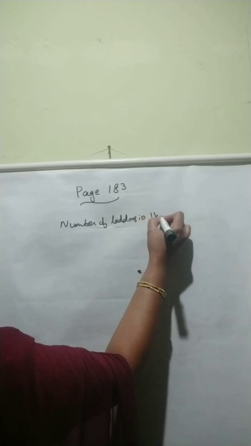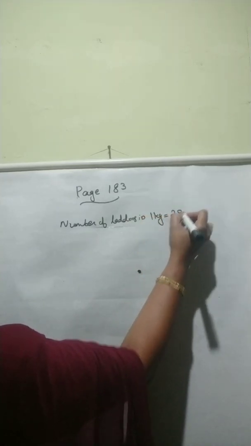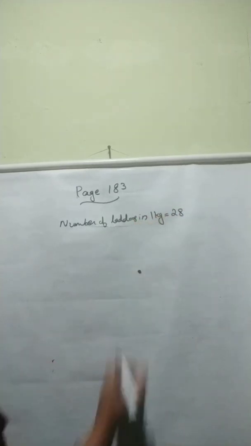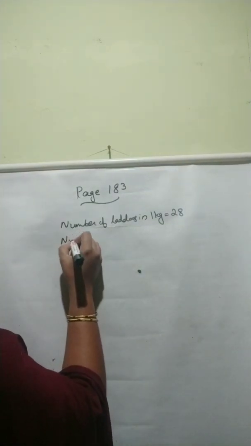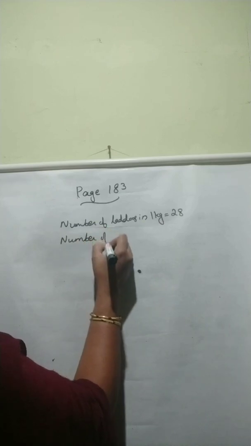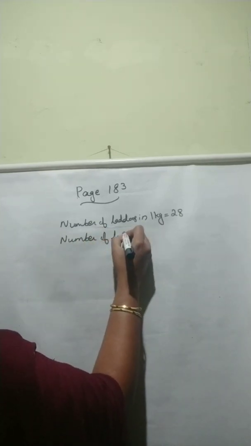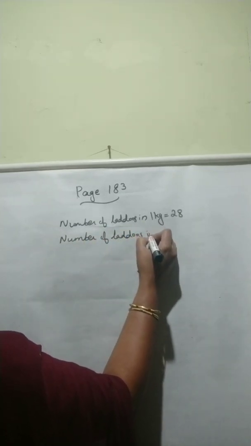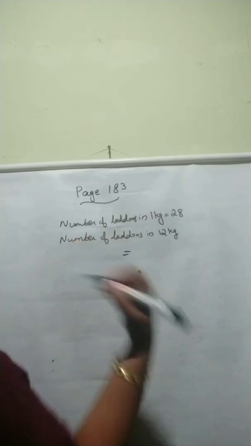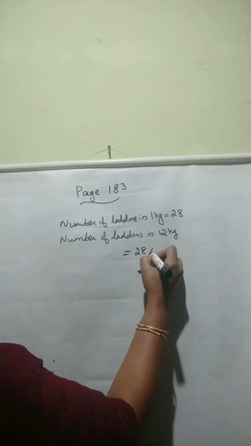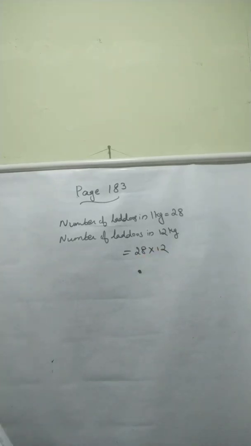In 1 kilogram, that is equal to 28 are there. So the number of ladoos in the total number of kilograms. How much is there? That is 12 kilograms. So we have to find out for 12 kilograms how many ladoos are there. 28 multiplied by 12. That much ladoos will be there.